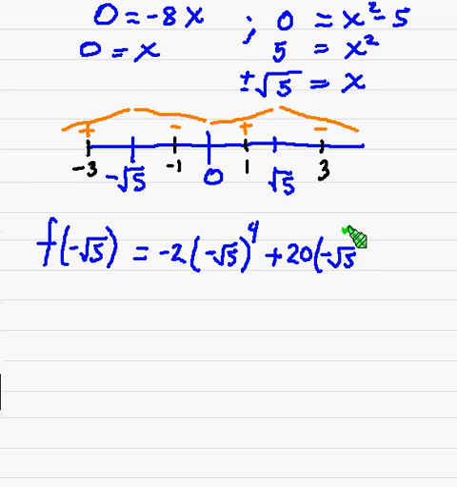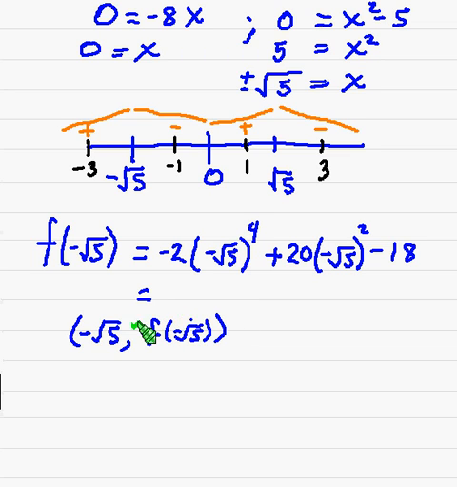I'll let you get that, and I'm just going to write this down right here. So at negative square root of 5, comma, f of negative square root of 5. Whatever this is going to be a relative maximum.